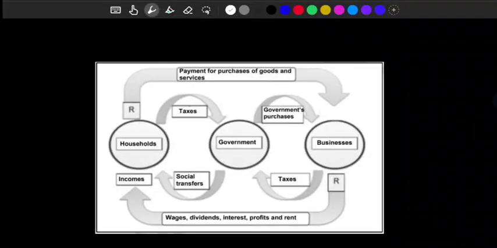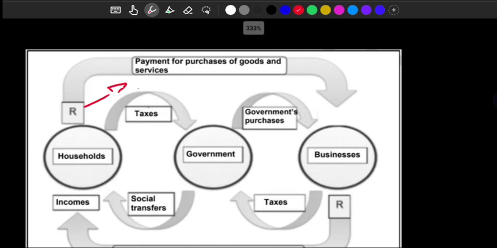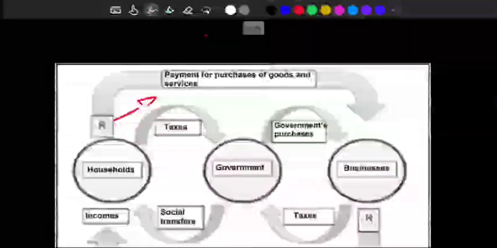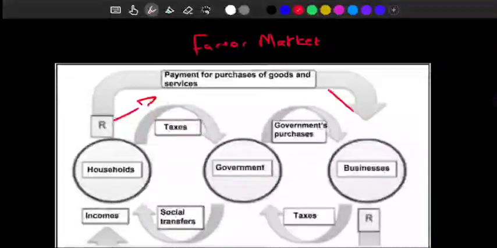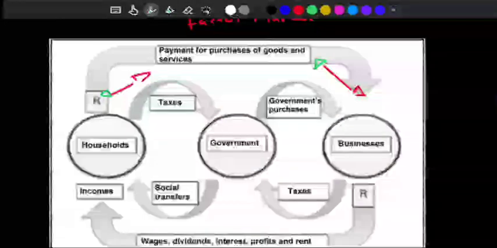We said that households provide to the factor market. That doesn't change. And for that, they will receive a salary. Salary goes that way, right?